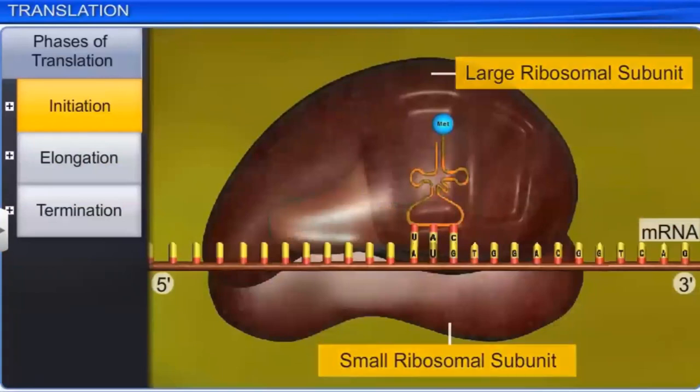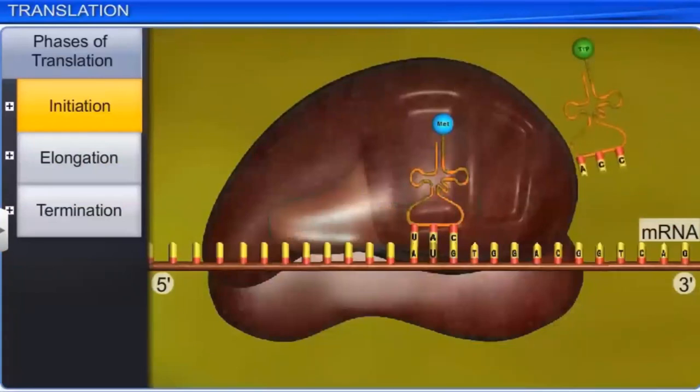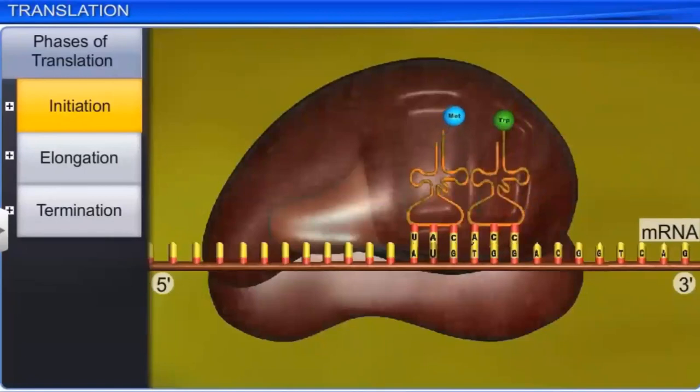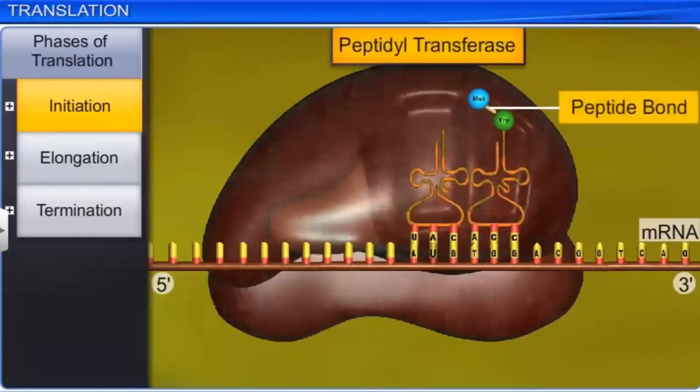Another aminoacyl tRNA now binds to the A site of the large ribosomal subunit. And the first peptide bond is formed between these amino acids. The peptide bond formation is catalyzed by the peptidyl transferase enzyme.